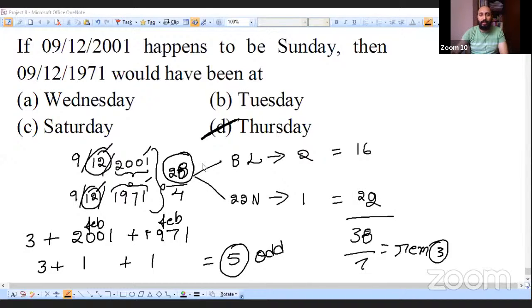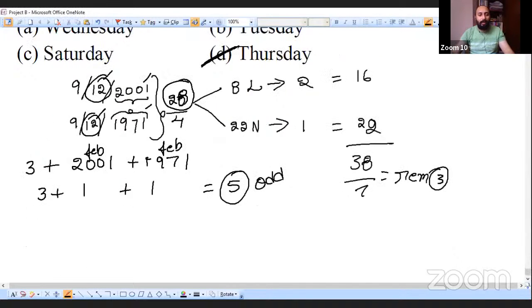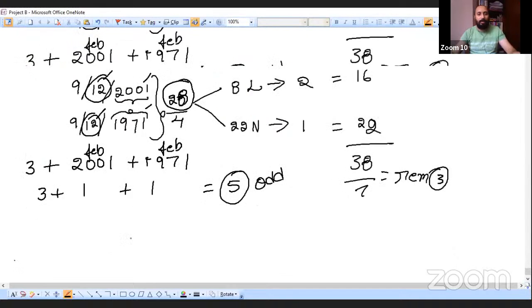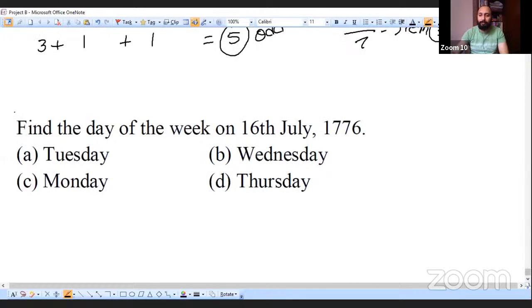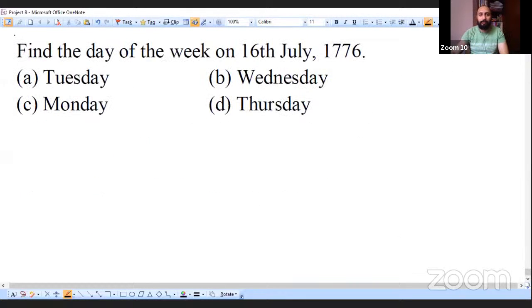Find the day of the week of 16 July 1976. How would you do this? July 16 means 75 plus July, that is January, February, March, April, May, June.